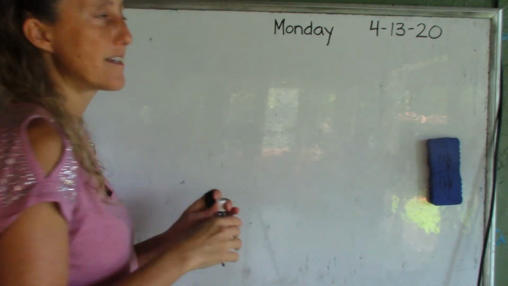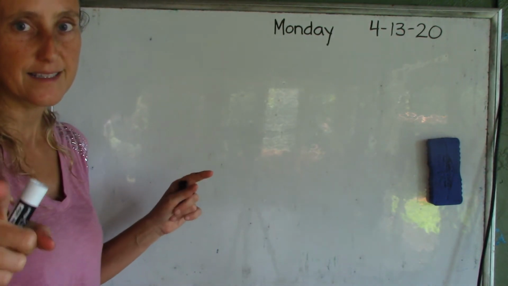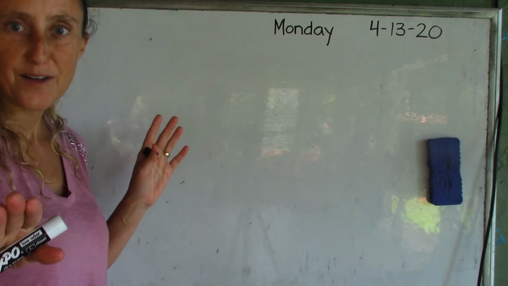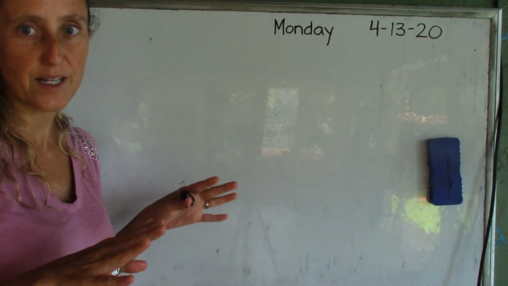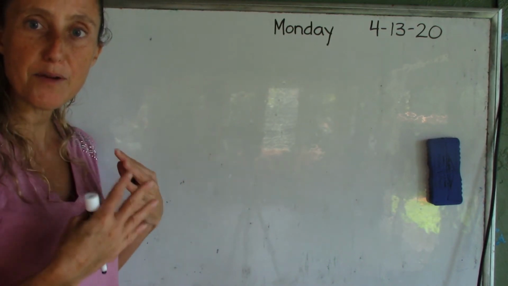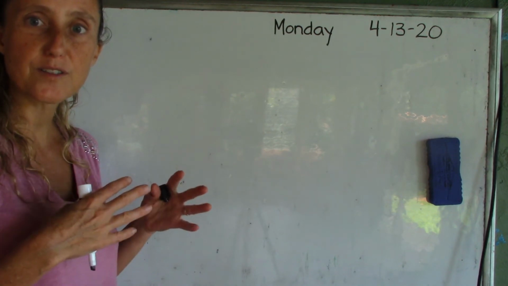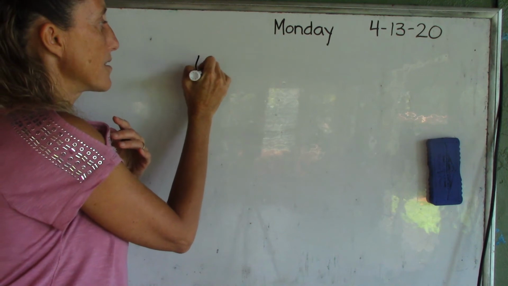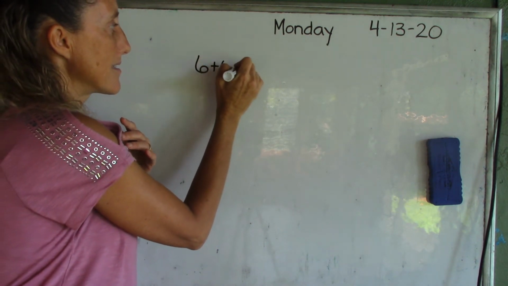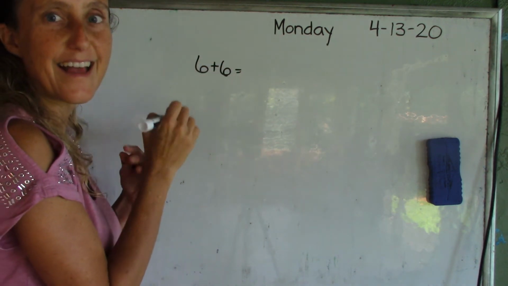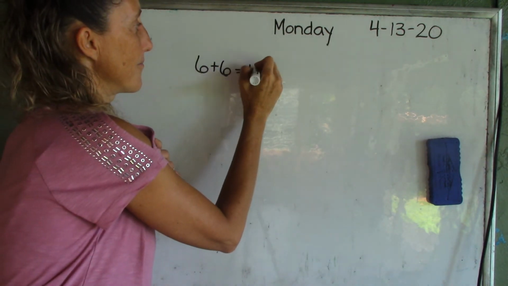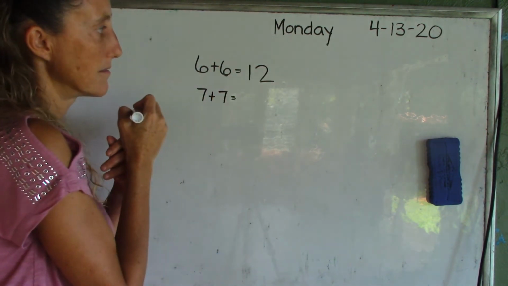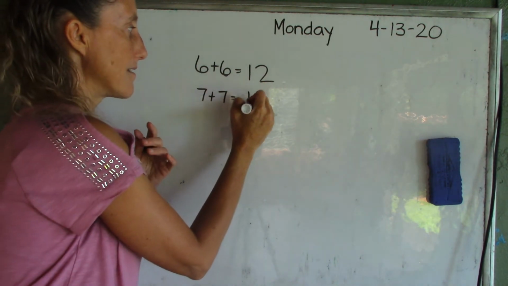I know you guys know 1 plus 1 is 2, and 2 plus 2 is 4. So you know the easier ones, but remember we were working on memorizing the more difficult double digit numbers. So let's do these ones. What's 6 plus 6? 12. Good. What's 7 plus 7? 14.